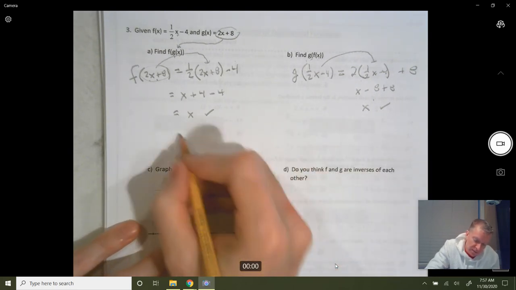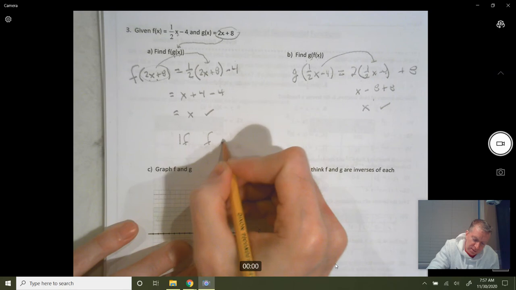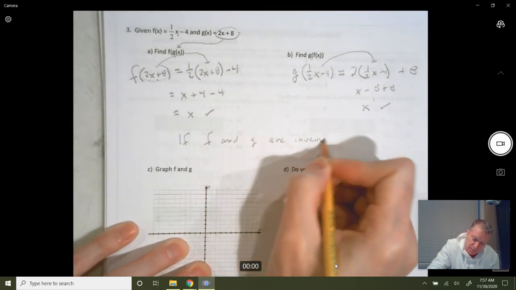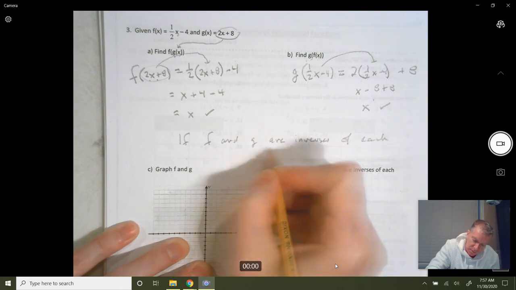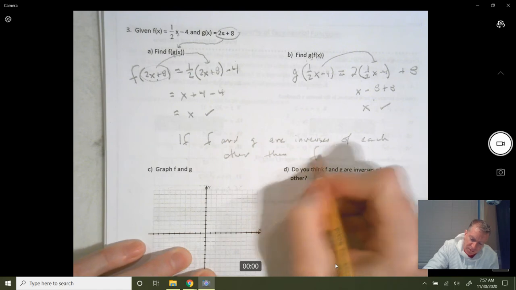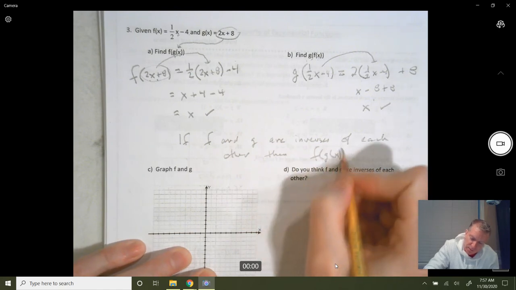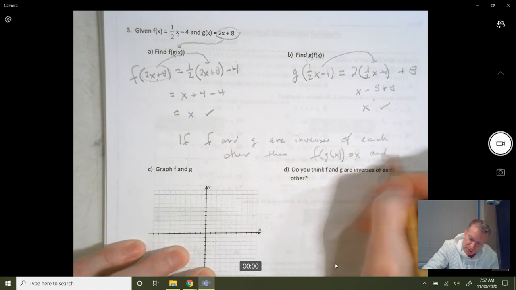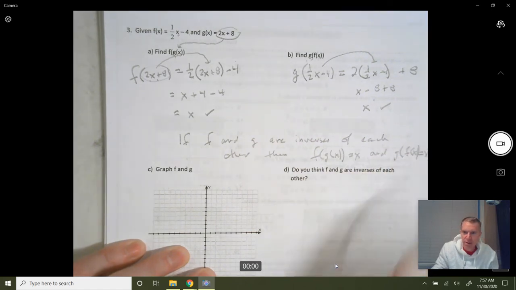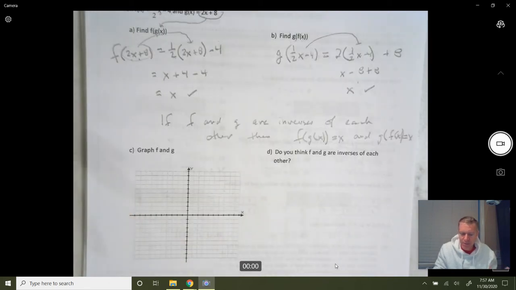If f and g are inverses of each other, then f of g of x equals x and g of f of x equals x. Now, why does that happen? Think about what inverse functions will do. They undo each other, kind of like an inverse operation.